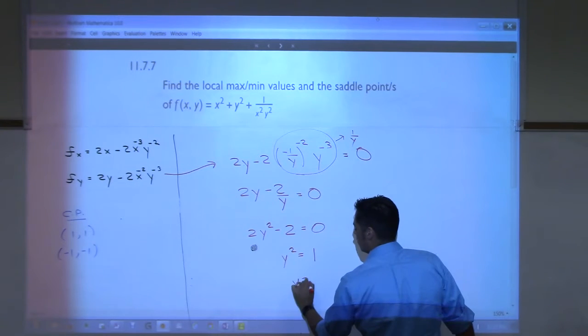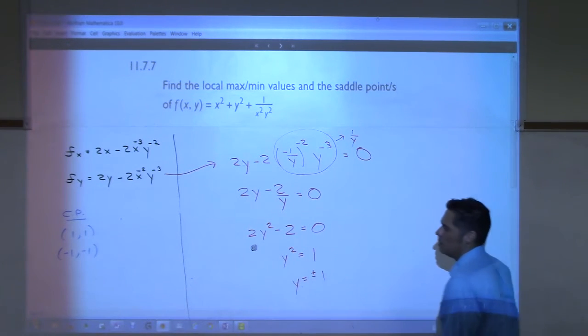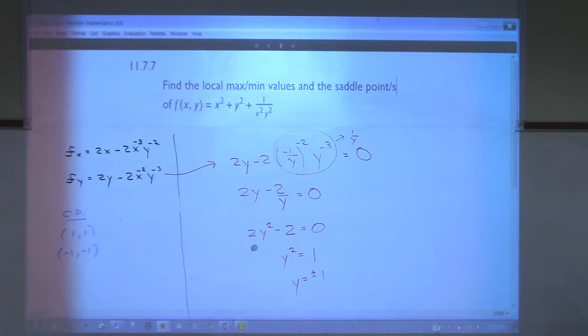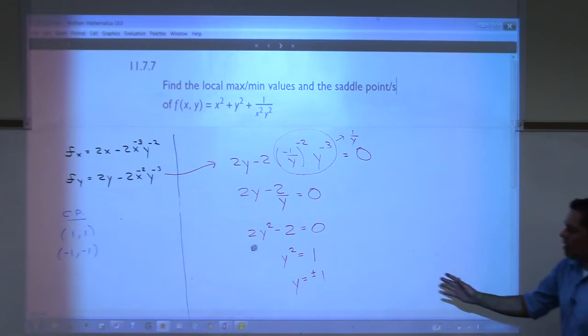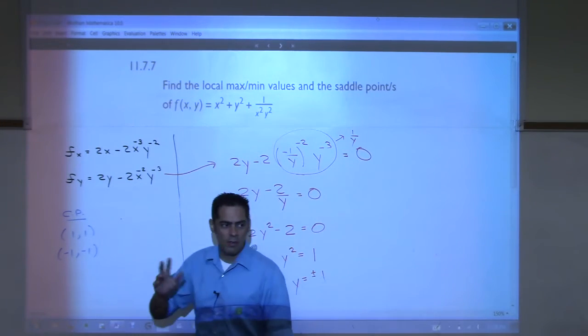So y equals plus or minus 1. And I believe we're going to get the same exact things, or are we not? Does that mean that it can be 1, negative 1? Yeah, so that's what I want. Does this mean that I just got the same two solutions, or are there two other solutions here?